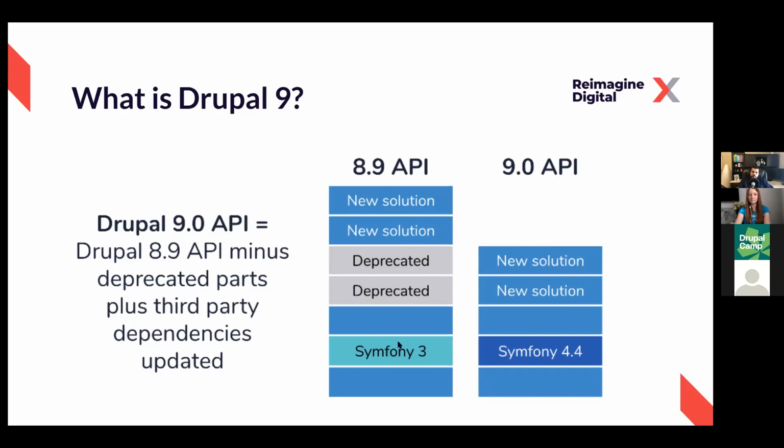Also, there is a major change of the Symfony framework. Symfony framework is like the infrastructure of the Drupal backend. It is the main platform that is used to handle your request, your response, and a lot of stuff. So Drupal 9 equals Drupal 8.9 minus deprecated code, plus this major change of Symfony.